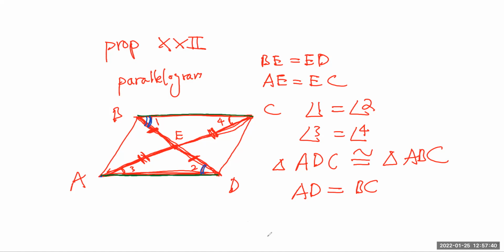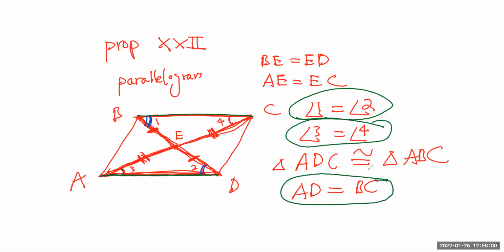So what theorem are we going to use? Angle, side, angle, right? We good on that? Yeah. Angle, angle, side. So therefore, we know this triangle BEC is congruent to triangle DEA.